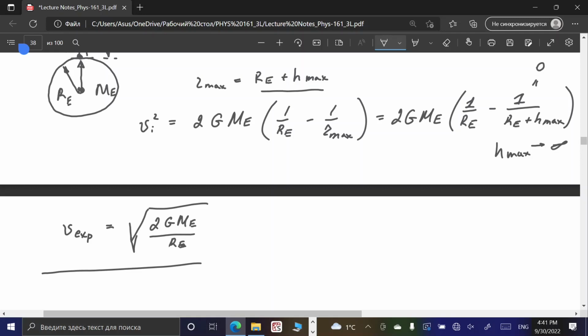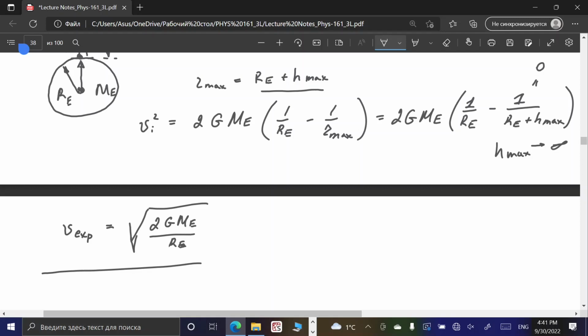when we do not take into account drag force, interaction with the atmosphere, and also we assume that the provided velocity vector for projectile is perpendicular to the velocity vector of the planet. So if we substitute here expressions for magnitudes for mass of the Earth and radius of the Earth, we will get escape velocity something about 11.2 kilometers per second.